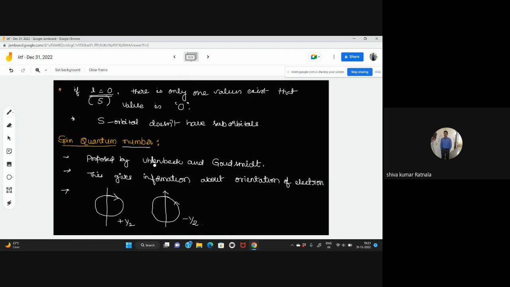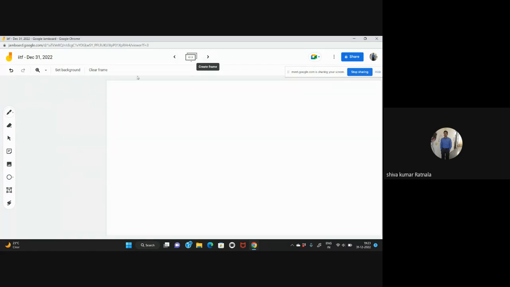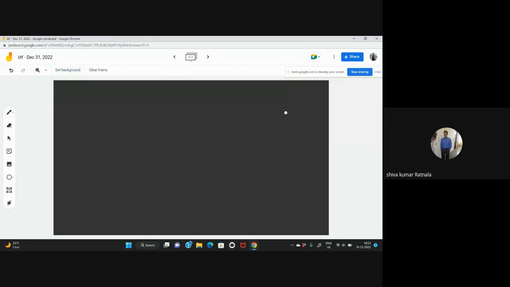And one more point. See, this is the shell, right? For example, this is the first shell and this is the nucleus. In the first shell, how many orbitals will be there? Only one s, right?